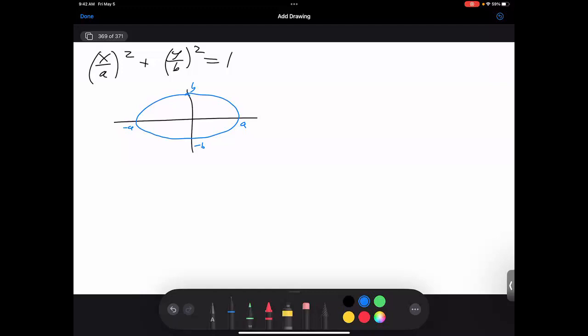So what technique would I use to find an area? The integral. Okay, one-dimensional integral, two-dimensional integral. What do you want to do? Two-dimensional. All right. So let's just find maybe the area of 1/4 and multiply by 4.